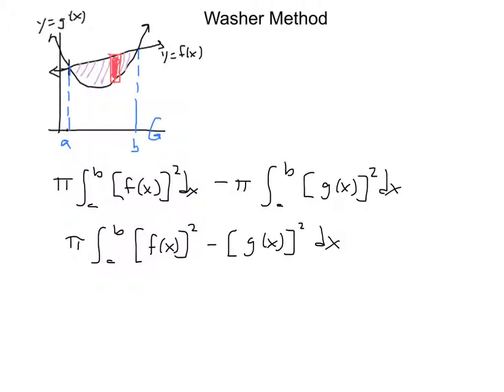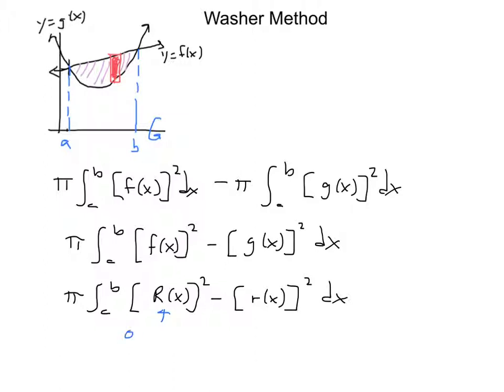The way you want to think of it, what the book uses, is pi times the integral from a to b of capital R of x, the outside radius squared, minus little r of x, the inside radius squared, dx. So this part right there is the outside radius, and this part right there is the inside radius.